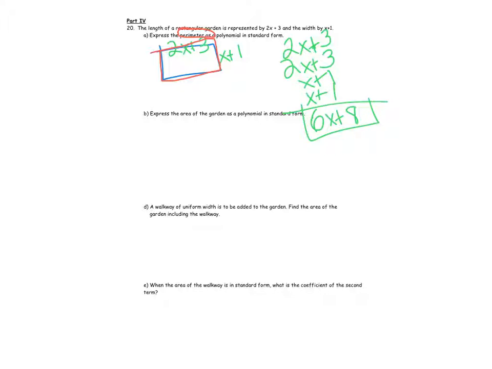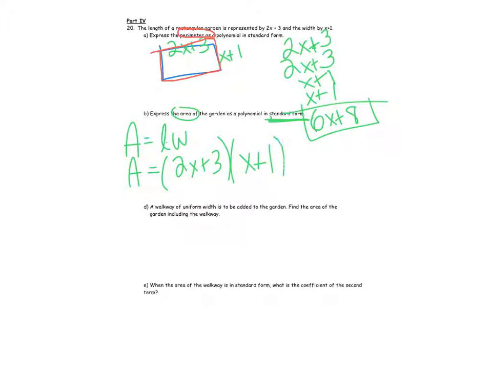The next part says to find the area of the garden and leave it in standard form. Well, area we know is length times width. And I know the length and I know the width. So I'm just going to multiply them. I have 2x plus 3 times x plus 1, and I'm going to double distribute.